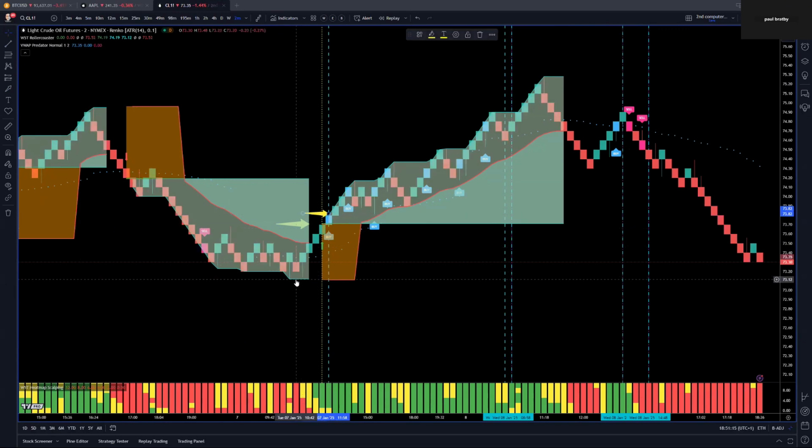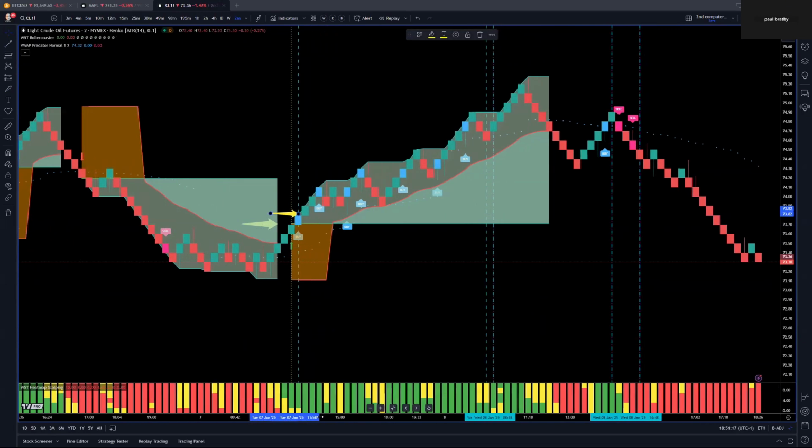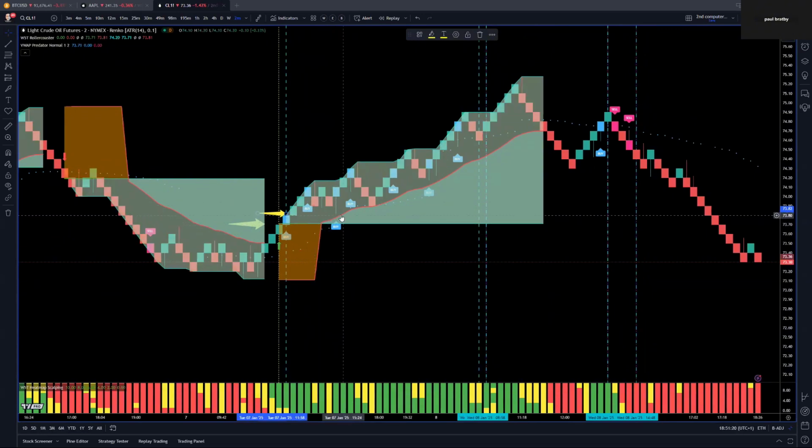Okay, now it's not over yet. We do get the trailing stop being printed at this point here. Again, I'm looking for candle closes, brick closes, and then that gaps up. So every time a brick closes, I'm one brick behind with the trailing stop. This buy signal on the next VWAP Predator is 3 bricks away, so I'm not going to add any more to this particular move.